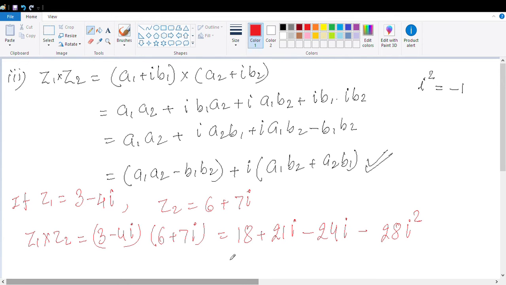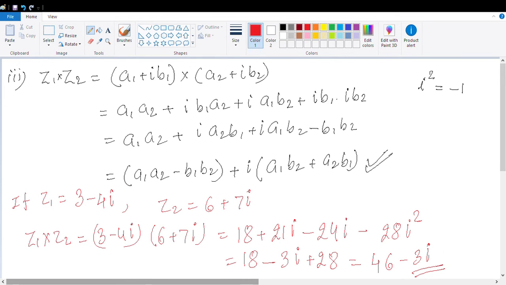I have just multiplied two brackets. So this is 18 plus 21i minus 24i, which equals minus 3i, and i square is minus 1, so minus of minus is plus 28, and 18 plus 28 means 46 minus 3i. This will be your answer.